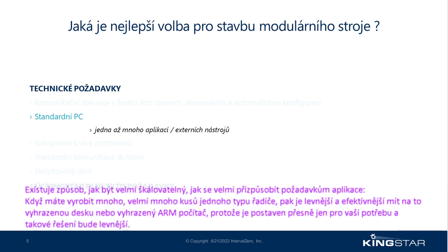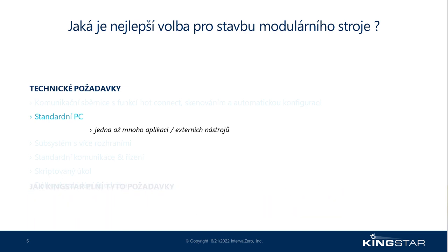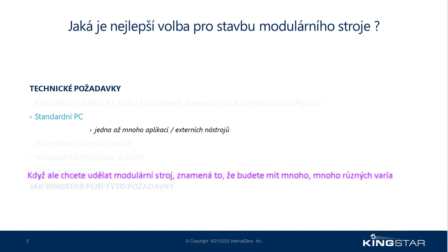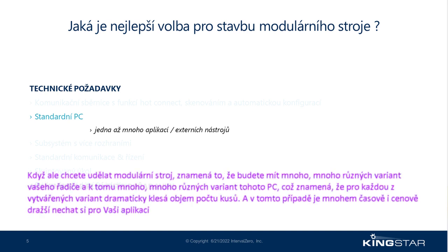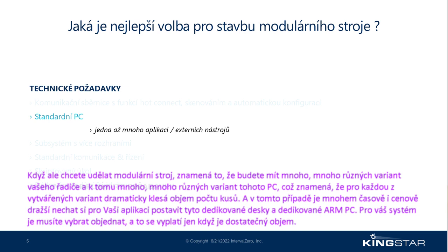When you have many pieces of a single controller, it is cheaper and more efficient to have a dedicated board or a dedicated ARM PC, because this is built for your need and it is cheaper. But when you want to do a modular machine, it means you will have many different variations of your controller, many different variations of this PC, which means for each variation the volume drops dramatically.